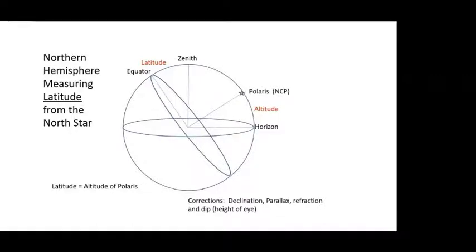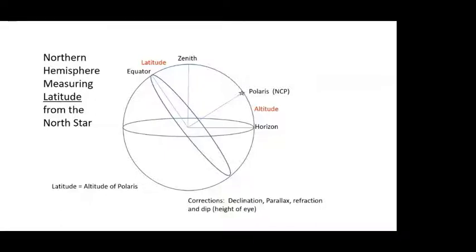And 90 degrees from the zenith, if you look left and right, you will see the horizon. The distance between the zenith and the equator corresponds to the observer's latitude. And 90 degrees from the equator is the star Polaris, what is known as the North Celestial Pole, NCP.